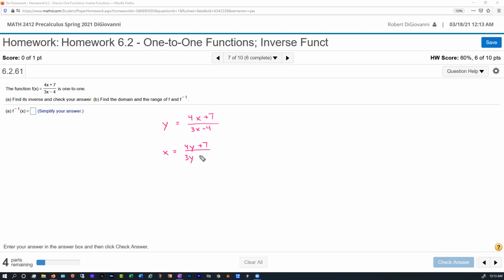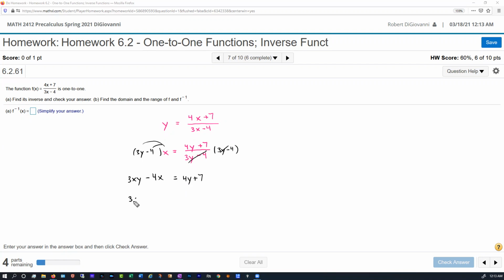Okay, now we need to solve for y. So what I'll do first is multiply both sides by 3y minus 4 to clear the fraction. That'll clear here, and I'll be left with 4y plus 7. Over here, I'll distribute the x through, so I'll get 3 times x times y minus 4x. Now what I'm trying to do is solve for y.